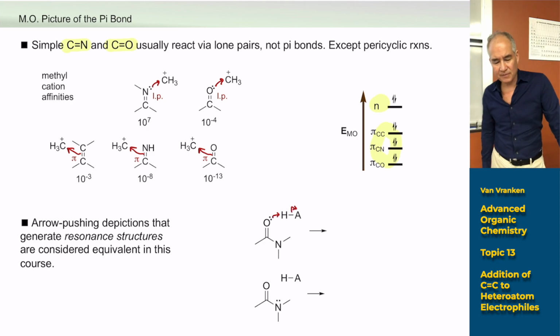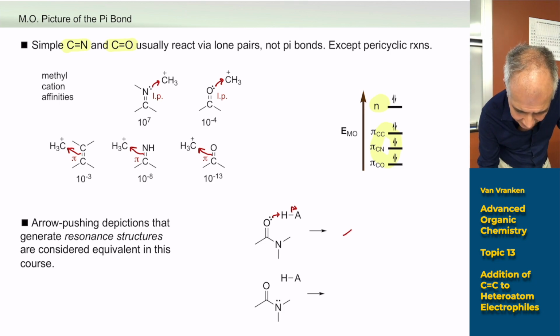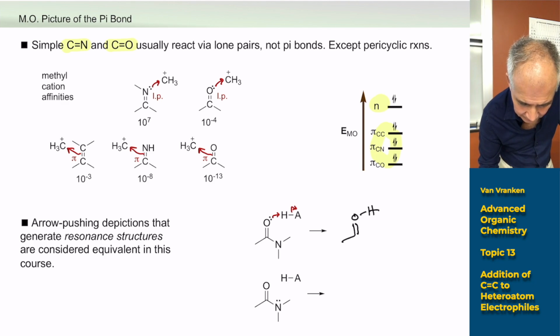So I'll add my electrophile to the lone pair, and that makes total sense to me. It explains why the carbonyl group should be reactive towards a lame nucleophile like water. Here we go. Here's the protonated carbonyl. You still have to heat it, but at least at high temperature you can get water to add to that.